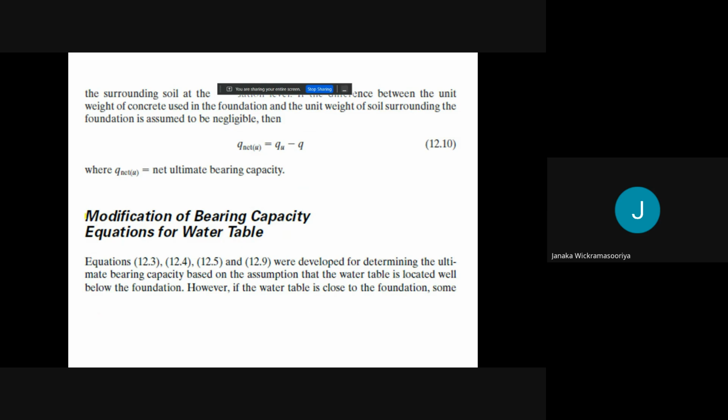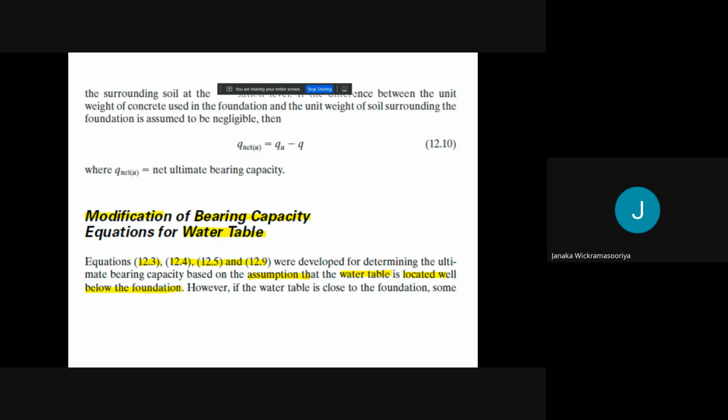Now we will see how we can modify these equations for the bearing capacity equations when there is a water table. Equations 12.3, 12.5 were developed for determining the ultimate bearing capacity based on the assumption that the water table is located well below the foundation.